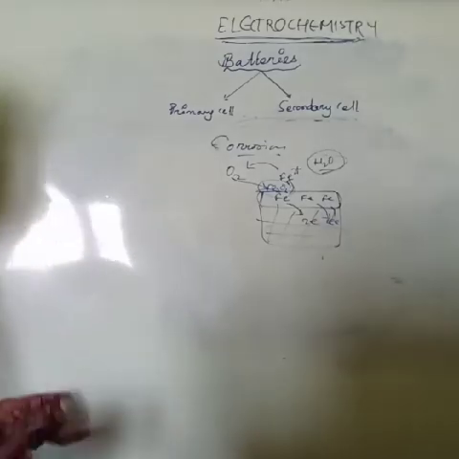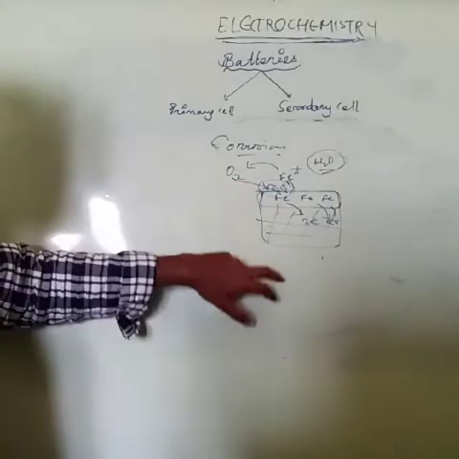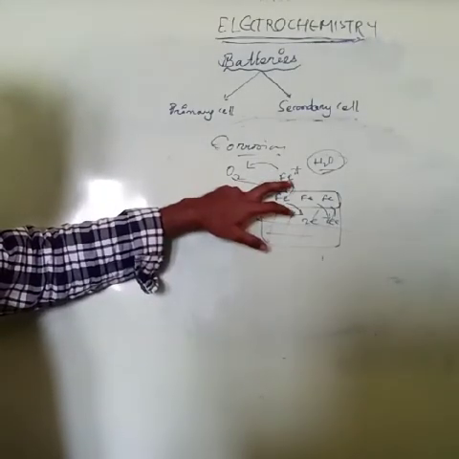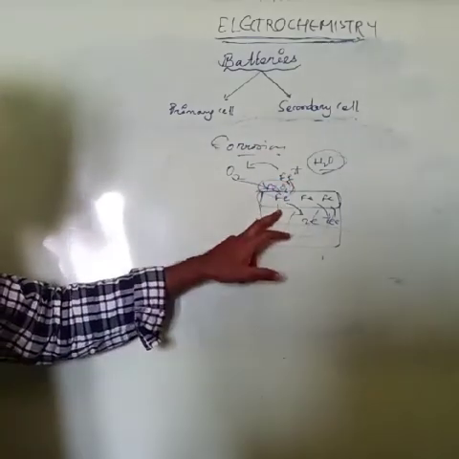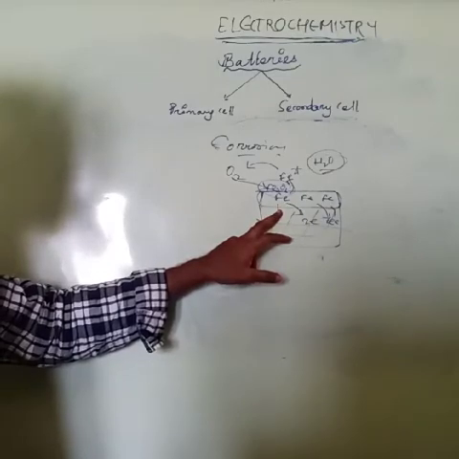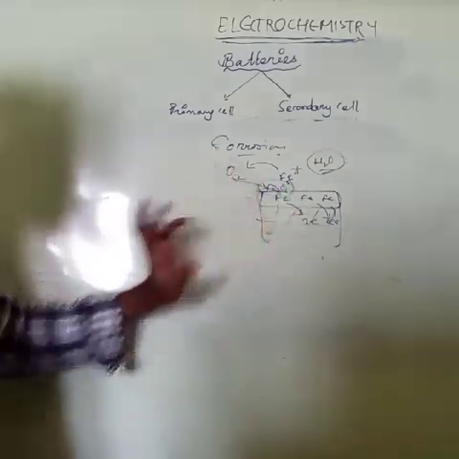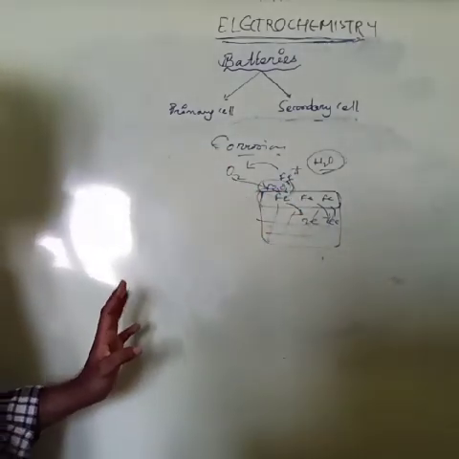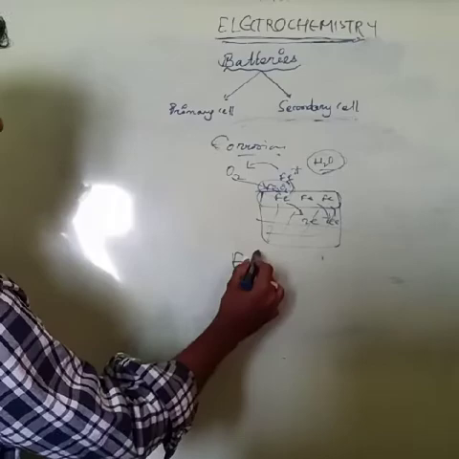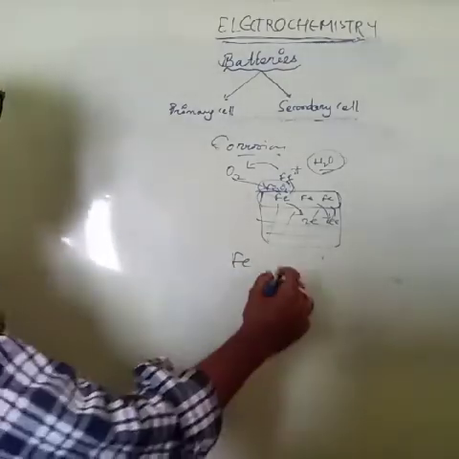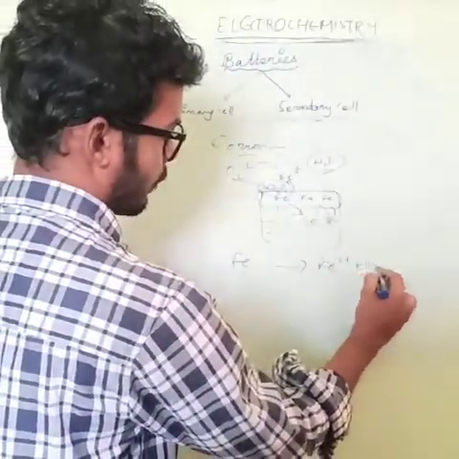Okay, how does it happen? In corrosion, the metal forms an oxide by losing electrons, and when it combines with oxygen, it forms an oxide. Understood? Clear? Two things will happen. What is the reaction over here? You can write Fe will convert to Fe2+ plus 2 electrons.